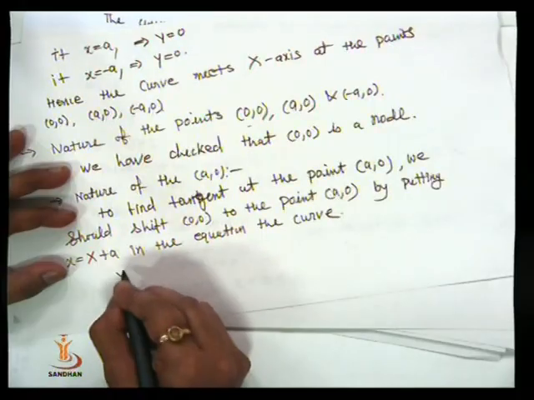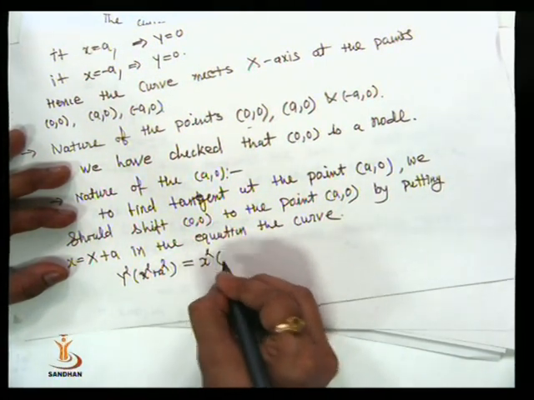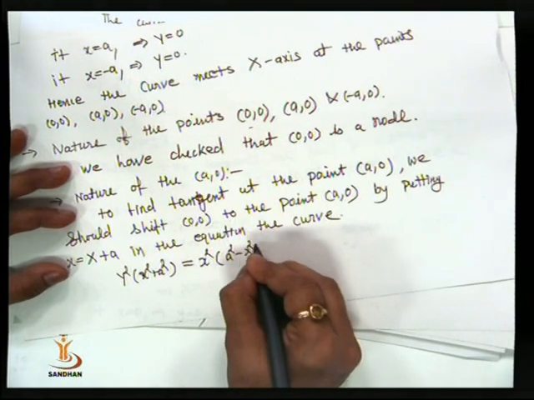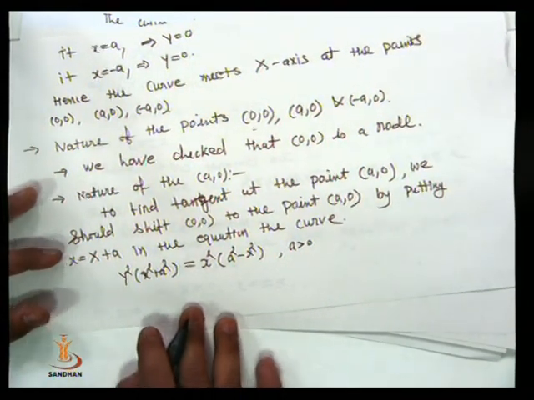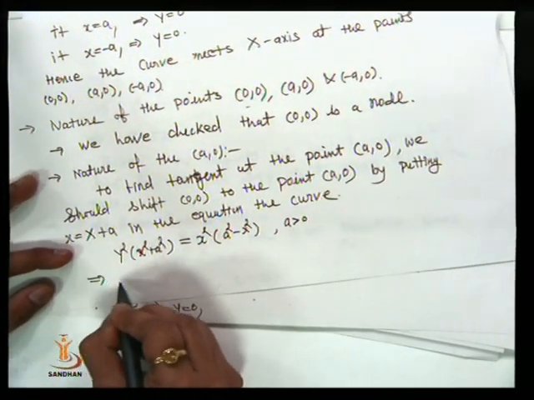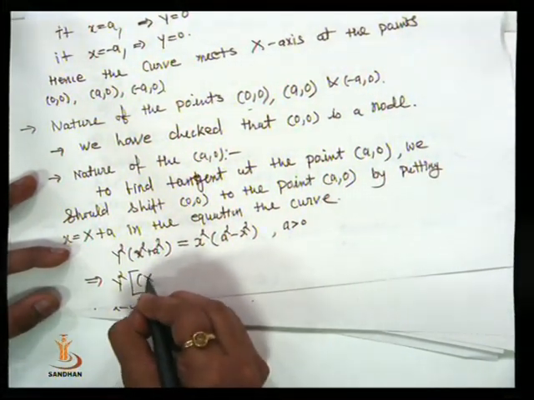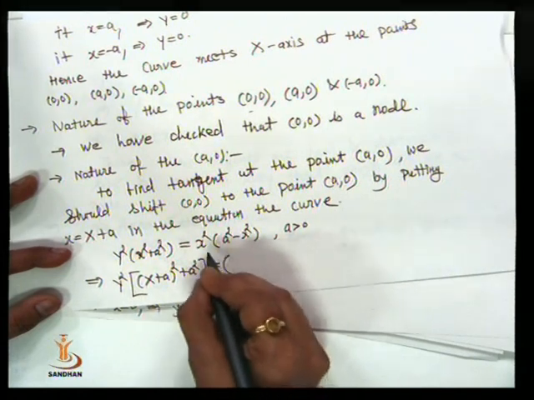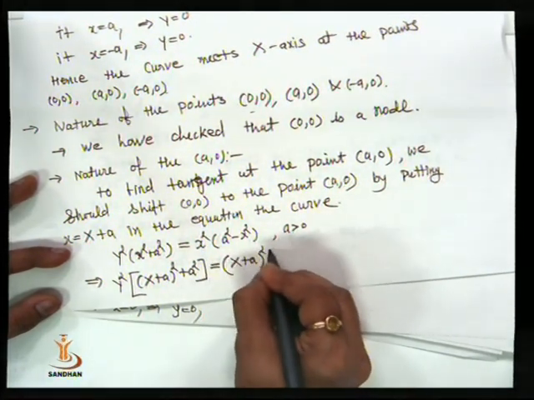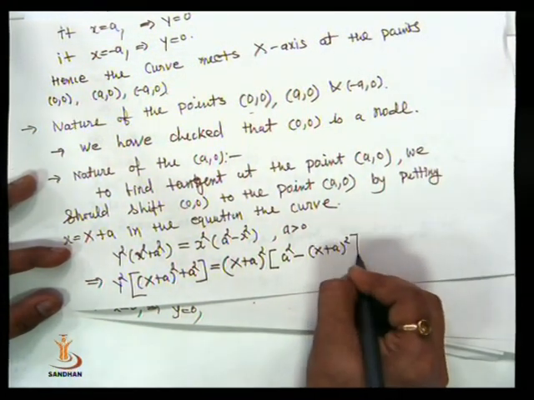Equation of the curve is y square into x square plus a square equals x square into a square minus x square, where a is greater than 0. Now we replace x by capital X plus a. So here will be y square into capital X plus a whole square plus a square equals capital X plus a whole square into a square minus capital X plus a whole square.